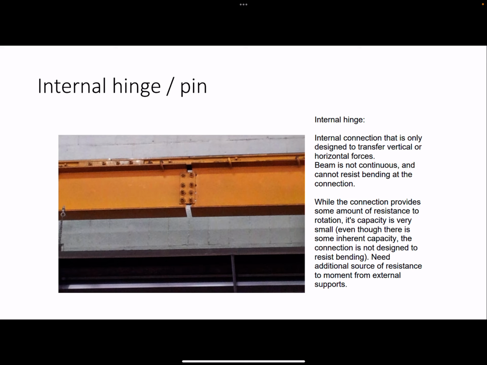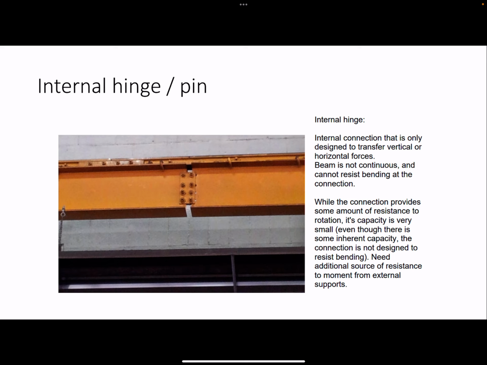All right, so we'll look at a few actual internal hinges or pins. It was a little bit tricky actually to find images of these, and this one is even a little bit more unusual because I would call this an internal roller, because you can see the long slotted holes peeking out behind this tab. So that indicates that it's free to kind of shift back and forth along the axial direction.